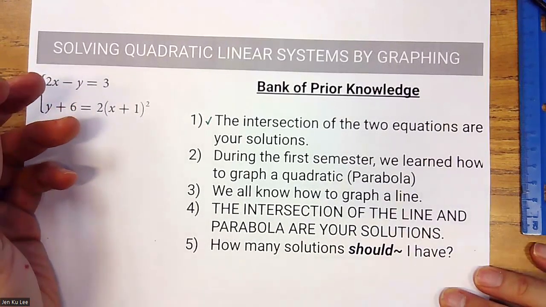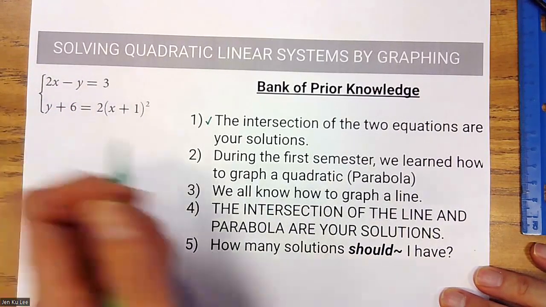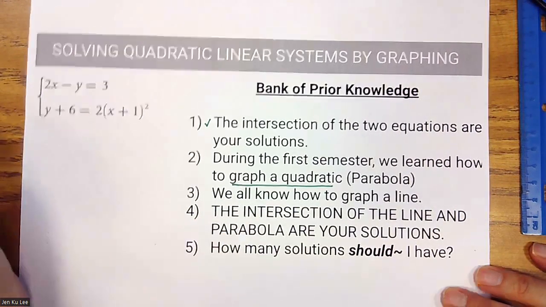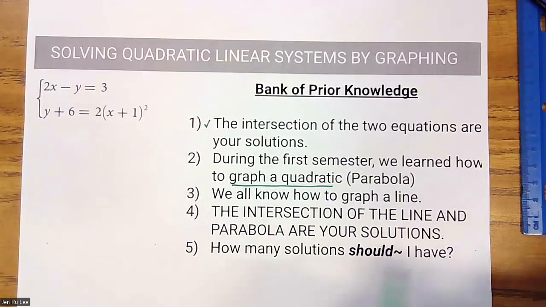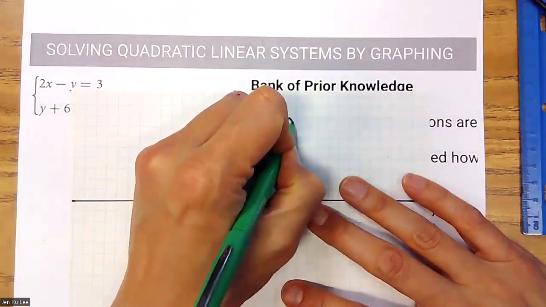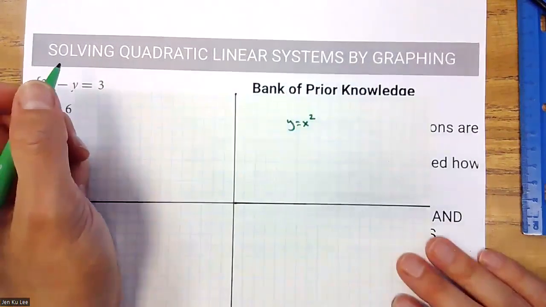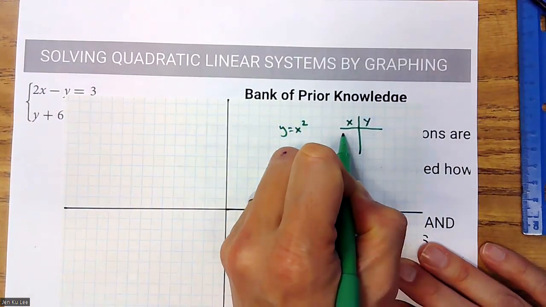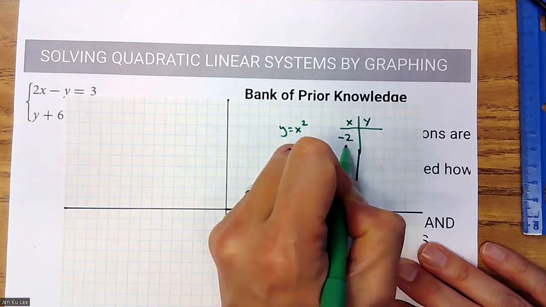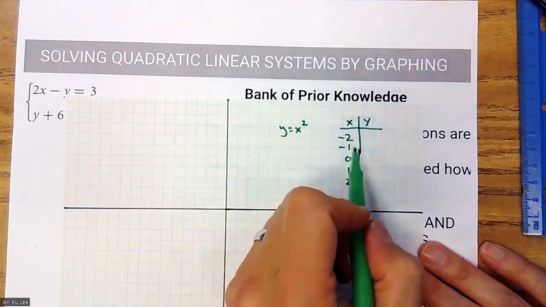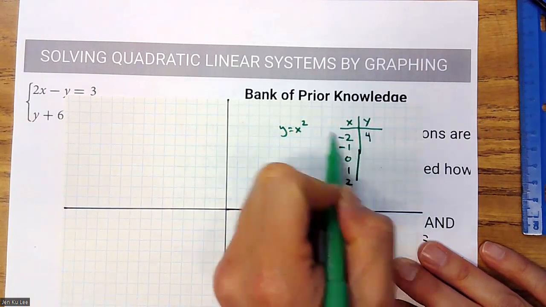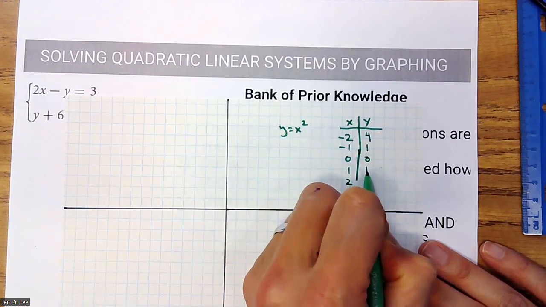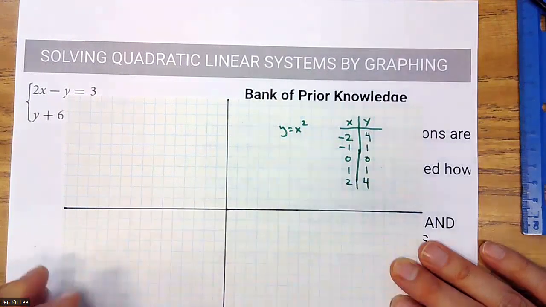During the first semester of this class, we've learned how to graph a quadratic, or a parabola, right? Really quick, y equals x squared. For x, my key points were -2, -1, 0, 1, 2. -2 squared is 4, -1 squared is 1, 0 squared is 0, 1 squared is 1, 2 squared is 4, right?